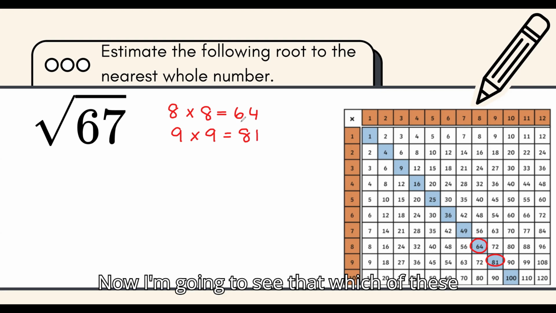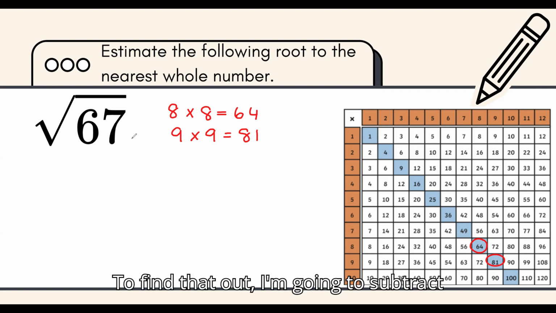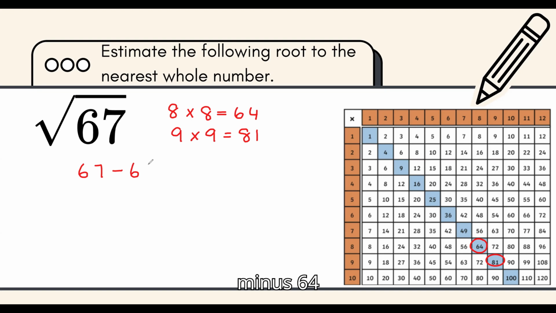Now I'm going to see which of these numbers is closer to 67. To find that out, I'm going to subtract both of them. So 67 minus 64 will give me 3. And 81 minus 67 is going to give me 14.